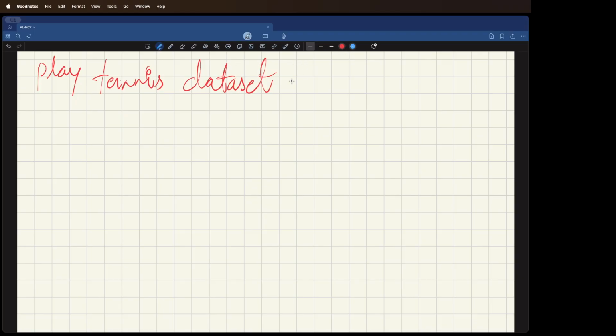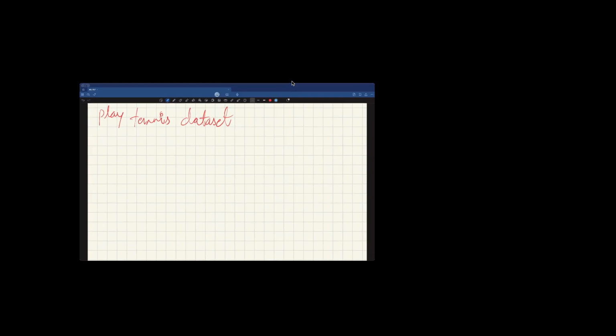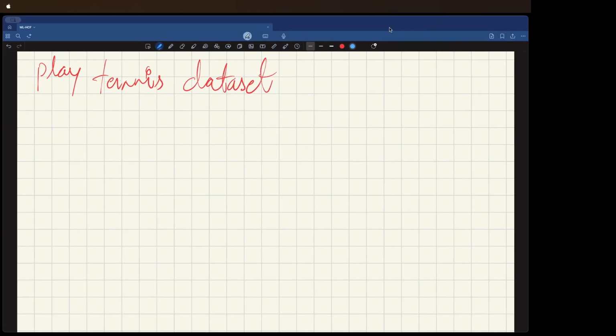Okay, I'll paste the data set, how it looks like. You can also search on Safari or Chrome, whatever you have. Search play tennis data set.